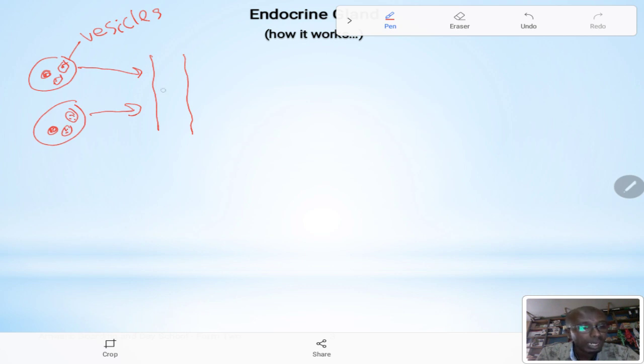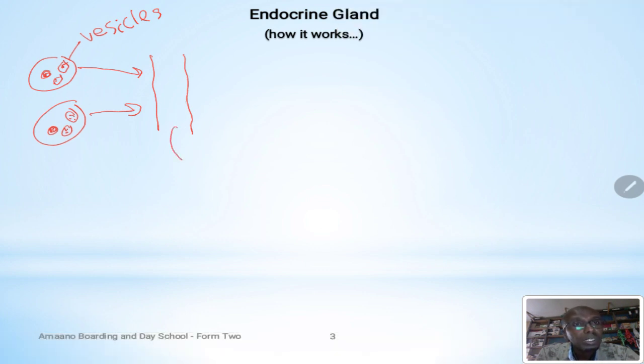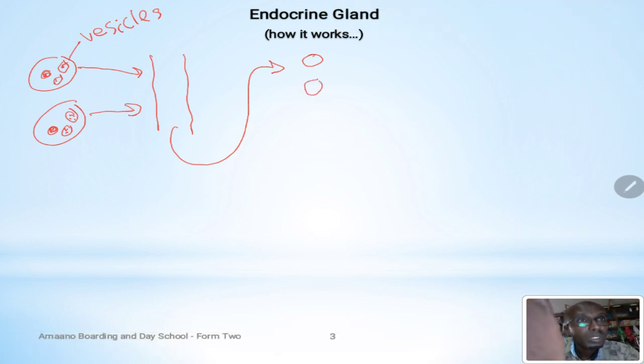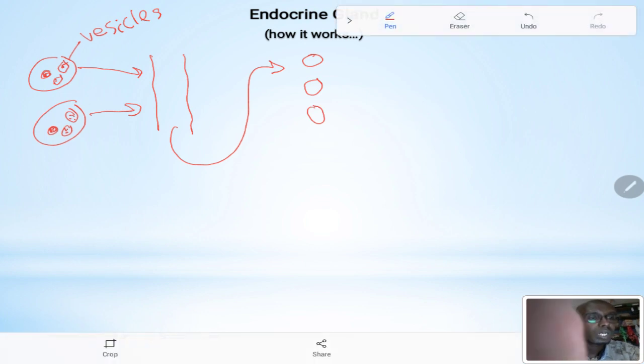or throughout the body. That means the products are small, as you can see in the diagram. This is a particular hormone, which has a round shape.